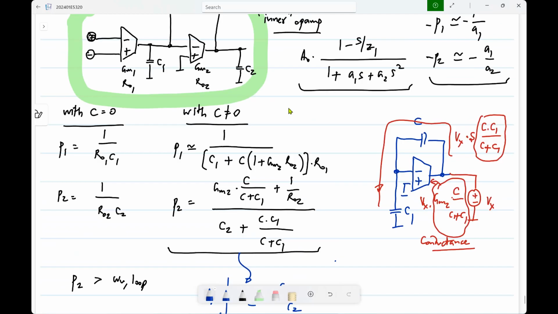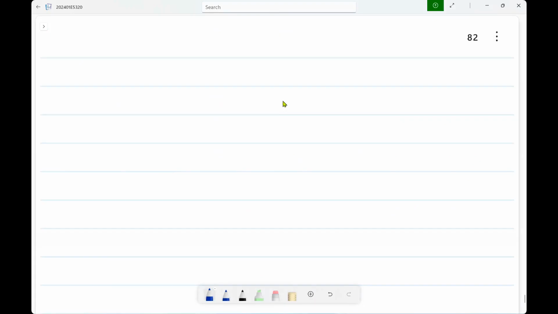Okay, so now our basic op amp was just this.